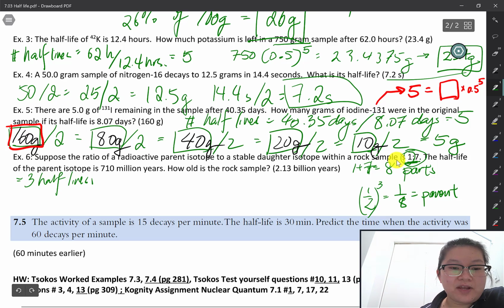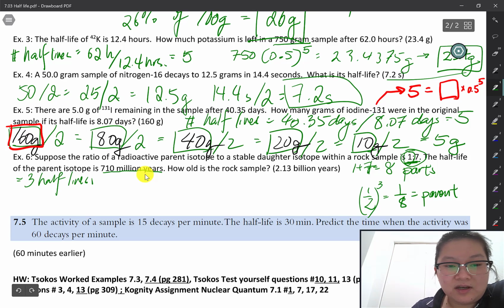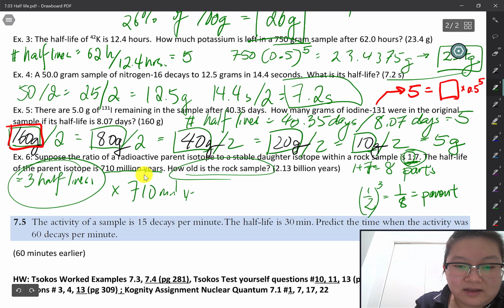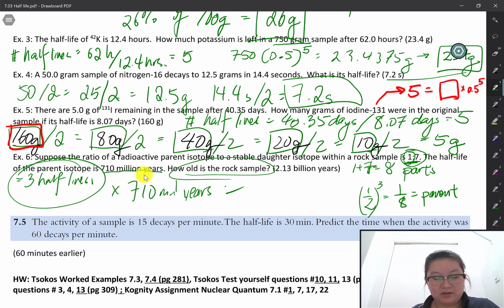Okay, so for 3 half-lives, we know that the half-life is 710 million years. So we have to multiply 710 million years by 3 half-lives to give the age of this rock sample. So this times 710 is going to be, hopefully, 2.13 billion years.